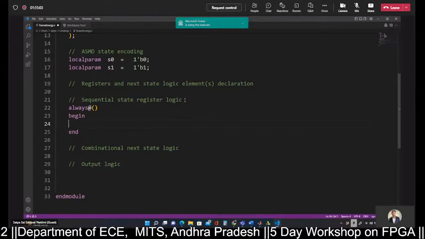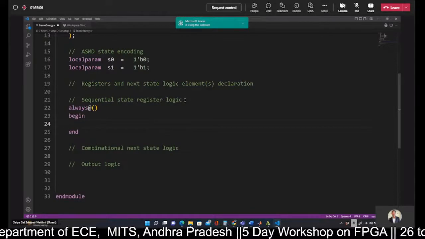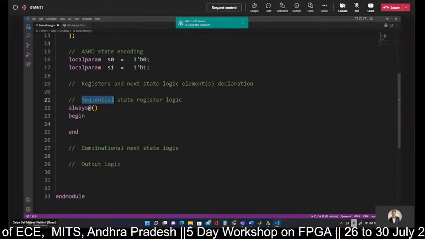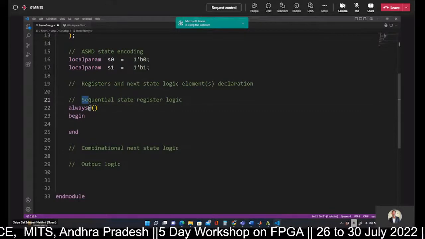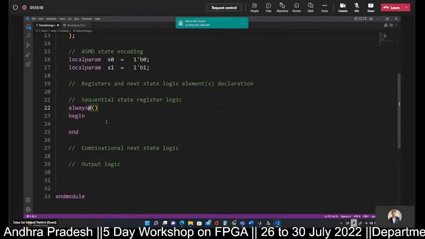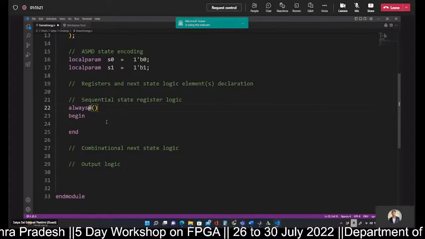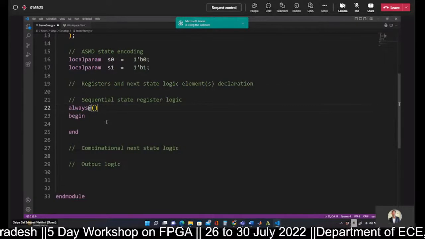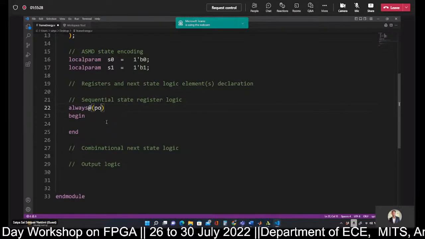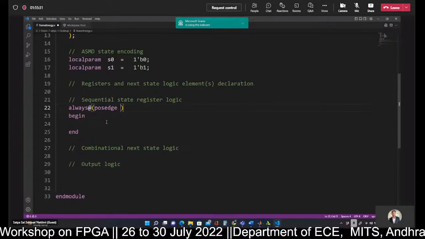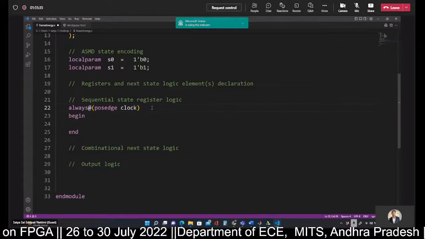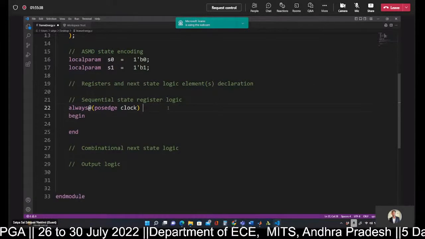Always at the rate, you have to give a sensitivity list, begin and end. Since we are dealing with sequential logic, as discussed earlier, the sensitivity list will mostly carry the clock and reset signals. We want our circuit to operate at the passage of the clock, posedge clock. If you want asynchronous reset, you can give posedge reset.